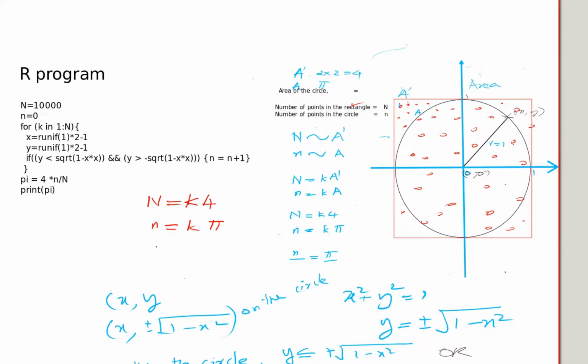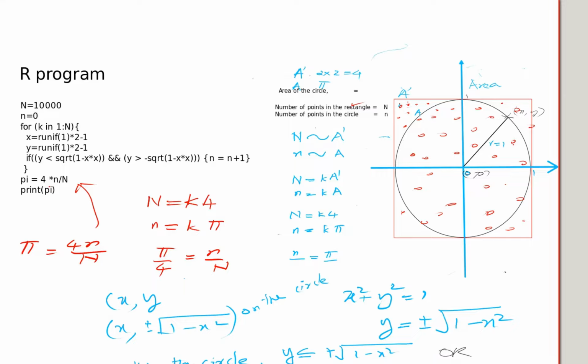When we divide this equation by this equation, pi by 4 is equal to n by capital N. So what is the value of pi? Pi is equal to 4 into n by capital N. That is what we have written over here, right? When we print, we'll get the value of pi.